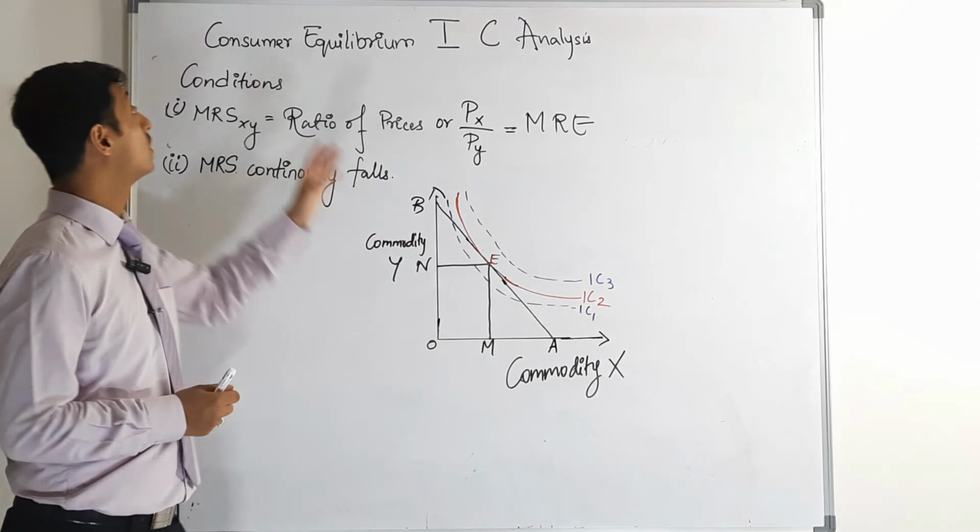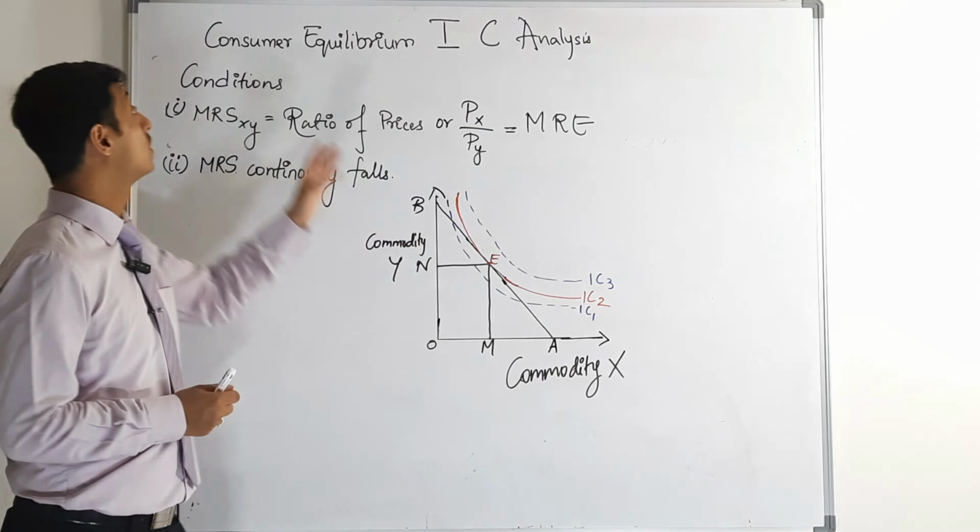MRS, marginal rate of substitution of x and y goods, should be equal to the ratio of prices, Px by Py, x and y again being two goods, or marginal rate of exchange. So what is marginal rate of exchange or price ratio? That is nothing but the budget line.